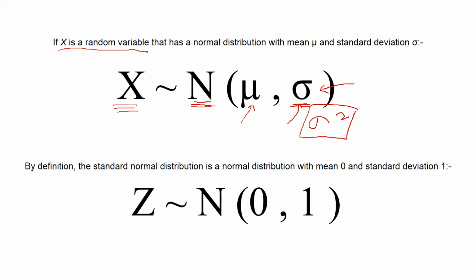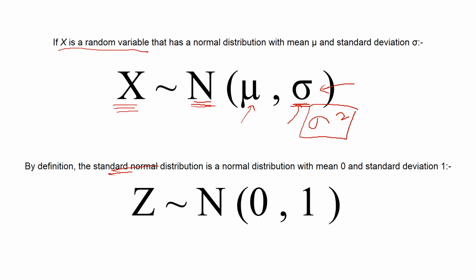By definition, the standard normal distribution is a normal distribution with a mean of 0 and a standard deviation of 1.